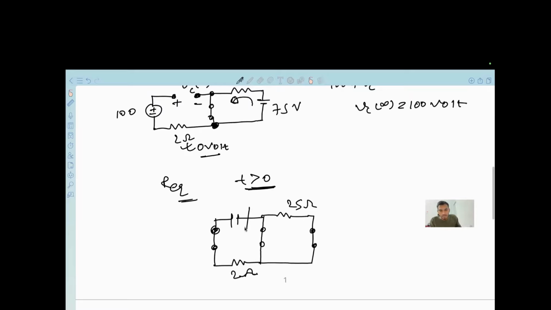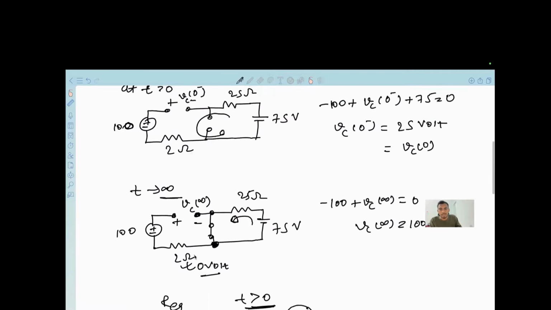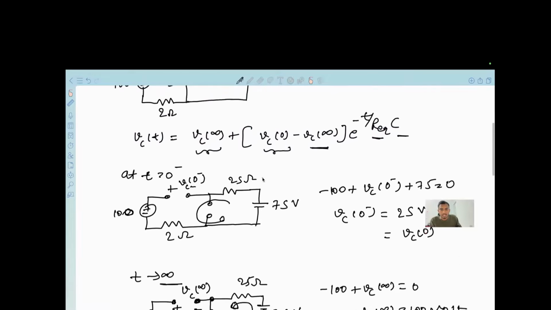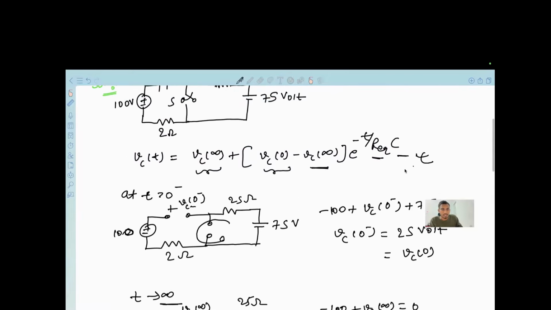If it is short, this 25 ohm resistance gets shorted because the switch is on. So this is 5 farad, and R equivalent will be 2 ohm.